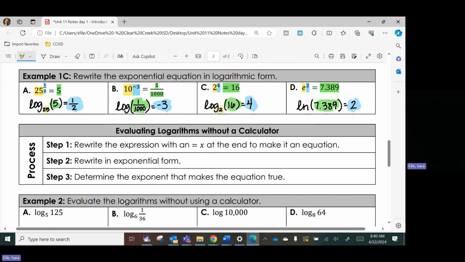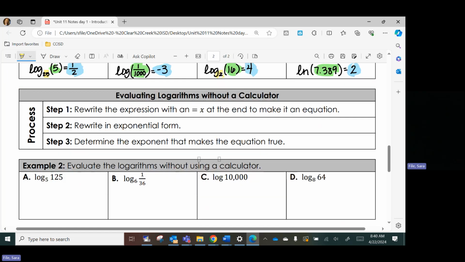Okay, great. All right, on this next part, here is the process for evaluating logs without a calculator. So if we want to come up with an actual number answer here, we're going to rewrite the expression with an equals x. Because right now it's not an equation, it's just an expression.